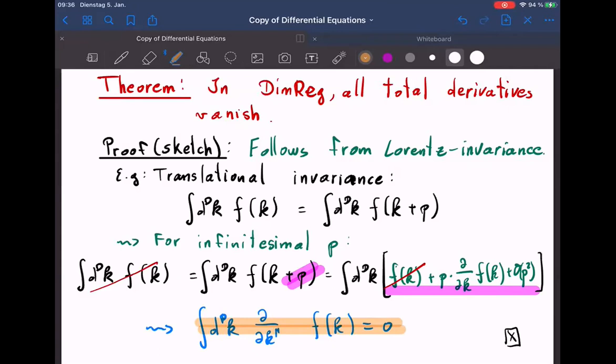So that is essentially what's happening here. So you have that this is the group. The group leaves the object invariant. So the generator of translations, which is the derivative, must kill the object. That is what underlies it in the end.